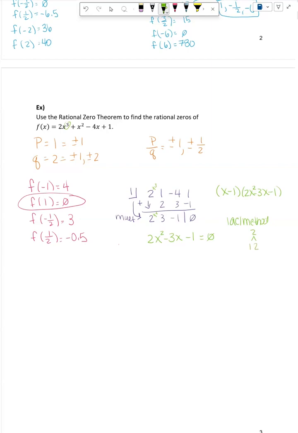Factors of 2 that are going to have different signs. Let's see, different signs. It's supposed to subtract to give you 3.